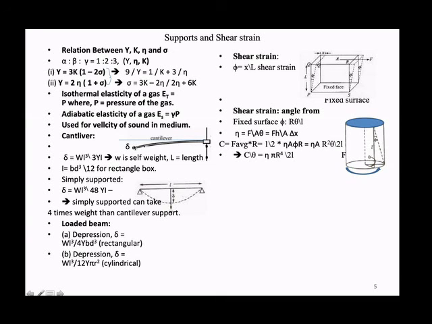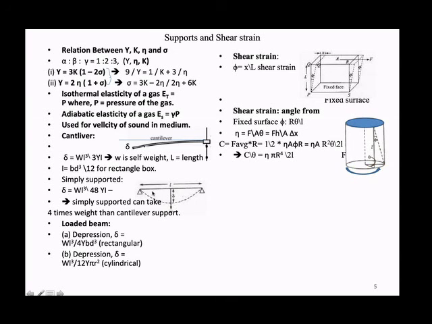The deflection is delta, which is defined as W L cubed by 3 Y I, where L is the length of the cantilever, Y is Young's modulus and I is the moment of inertia. It is not the mass moment, it is the area moment of inertia. I is 1/12 B D cubed for a rectangular section. So delta is W L cubed by 3 Y I.